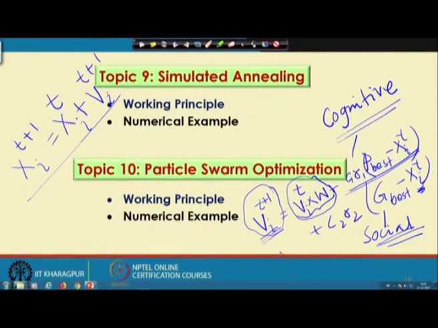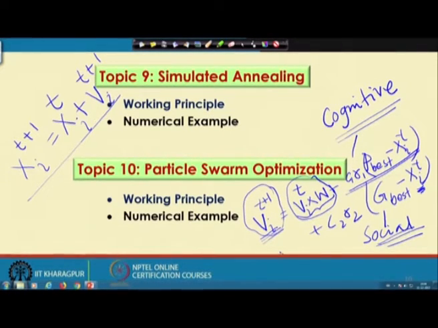Now, if I compare the particle swarm optimization with the genetic algorithm, particle swarm optimization has a few advantages. For example, we have already mentioned that the genetic algorithm is a very powerful tool for global optimization, but its local search capability is poor.